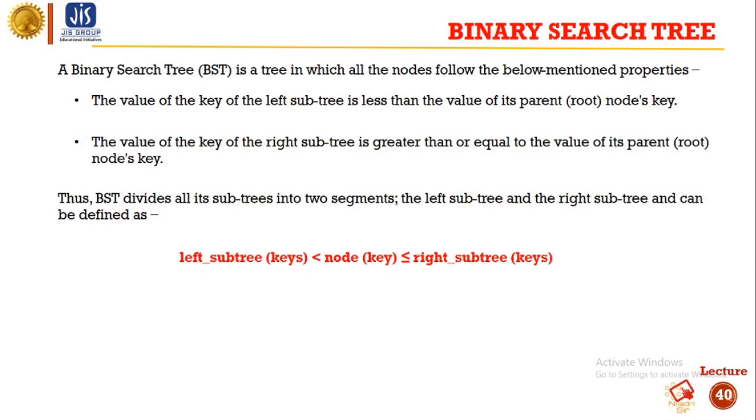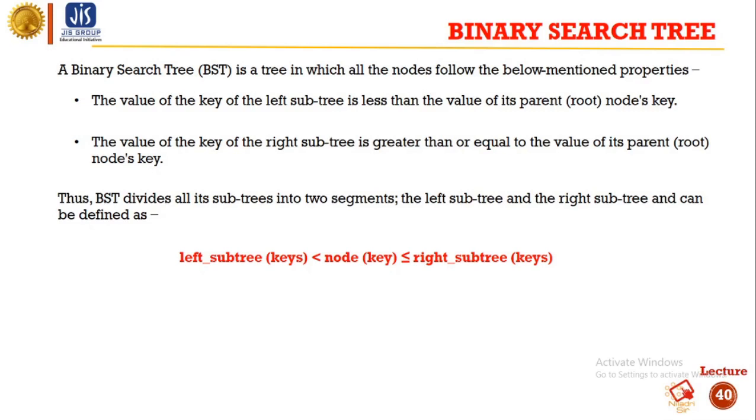So we can say that a binary search tree can be defined as a class of binary trees in which the nodes are arranged in a specific order. This is also called an ordered binary tree.